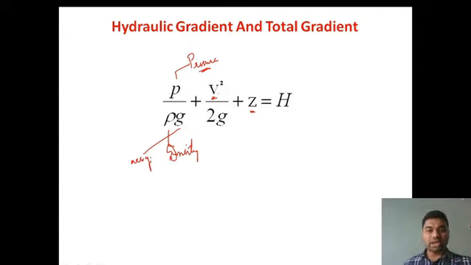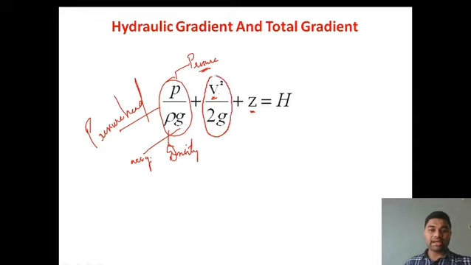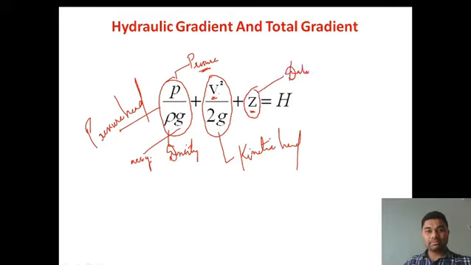P by rho g is known as the pressure head, V square by 2 g is known as the kinetic head, and Z is known as the datum head.